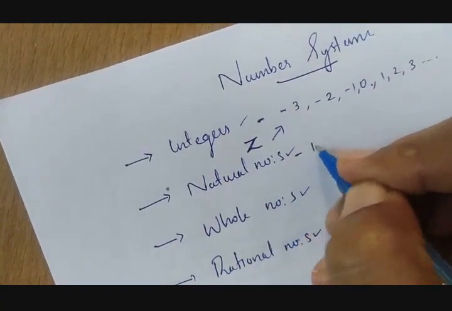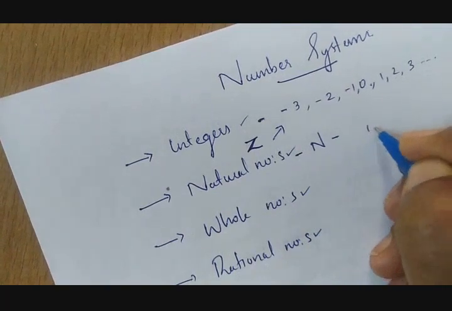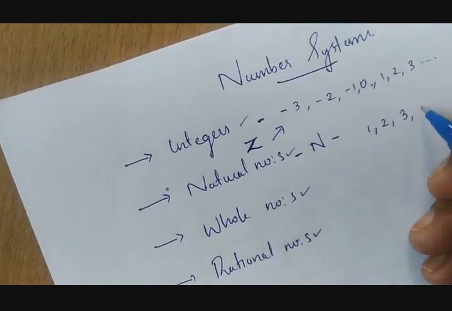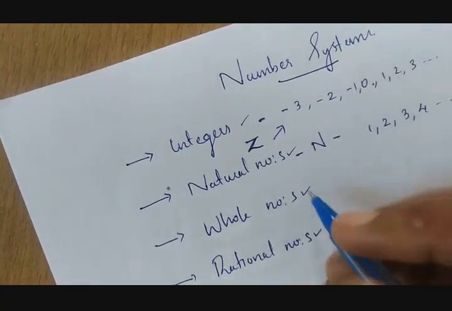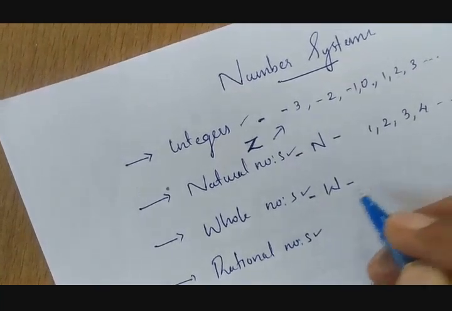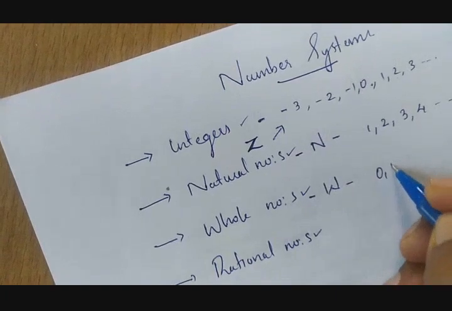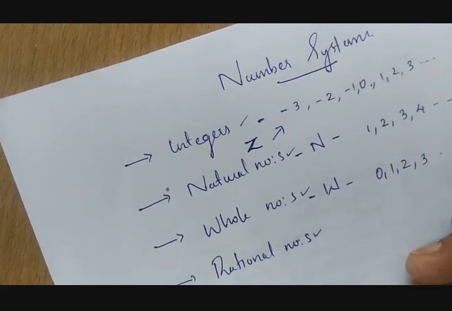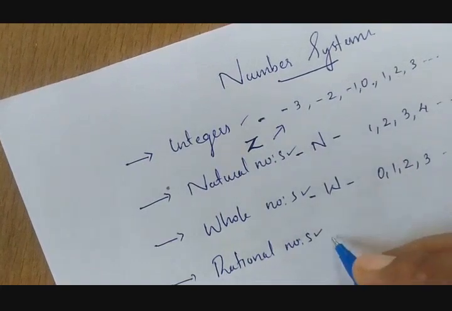Natural numbers are represented by N, and it consists of natural numbers like 1, 2, 3, 4, etc. Whole numbers are represented by the alphabet W. It consists of numbers 0, 1, 2, 3, etc. That is natural numbers plus an additional 0.